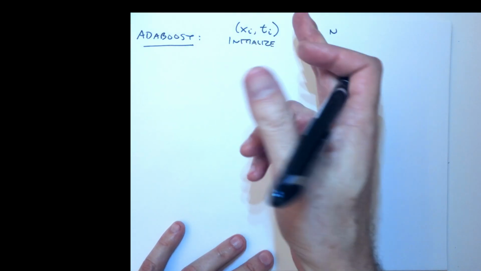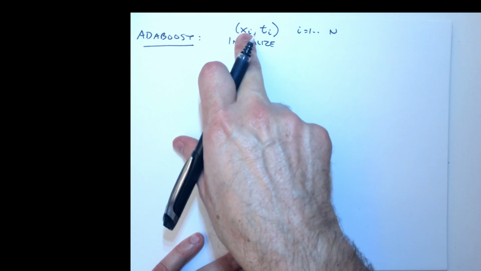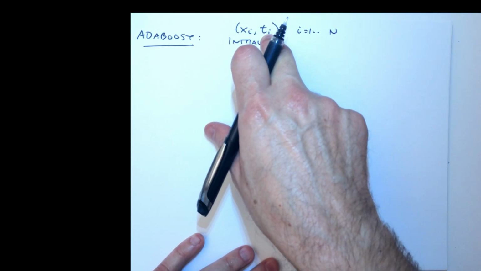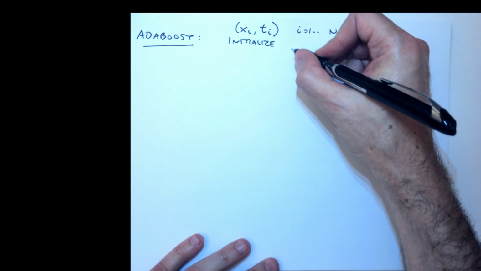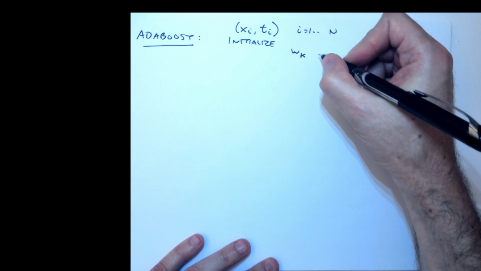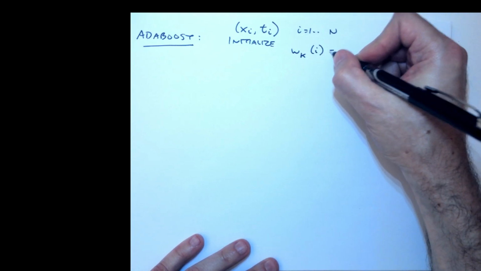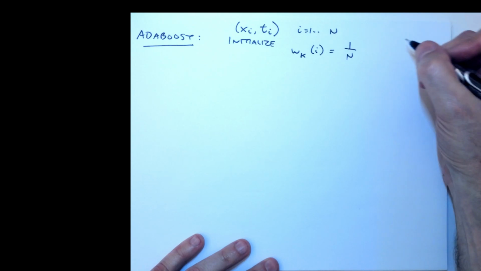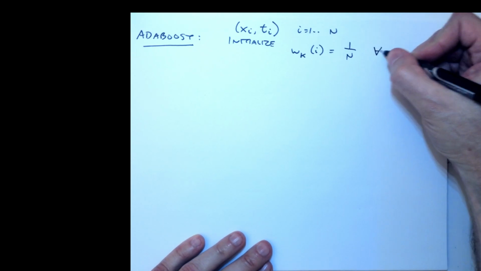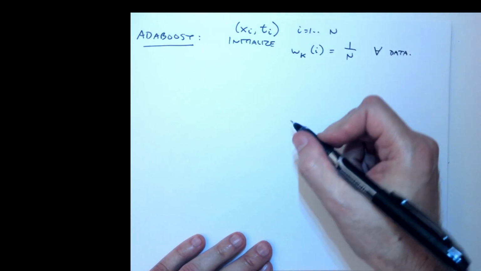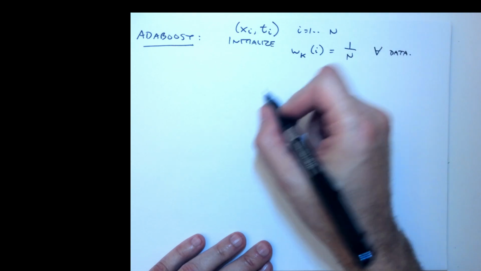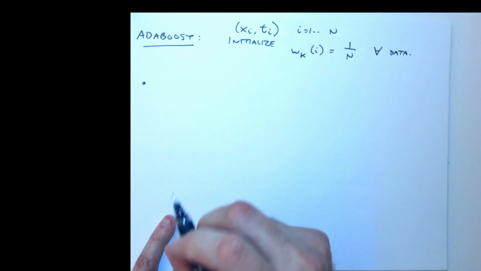The way I'm drawing this is, the x_i are feature vectors, and the t_i are the targets, so these are the classification labels, right? What I'm going to do is initialize weights at every stage. First of all, I'm going to initialize them as just even probability, right? So initially I have equal weights.